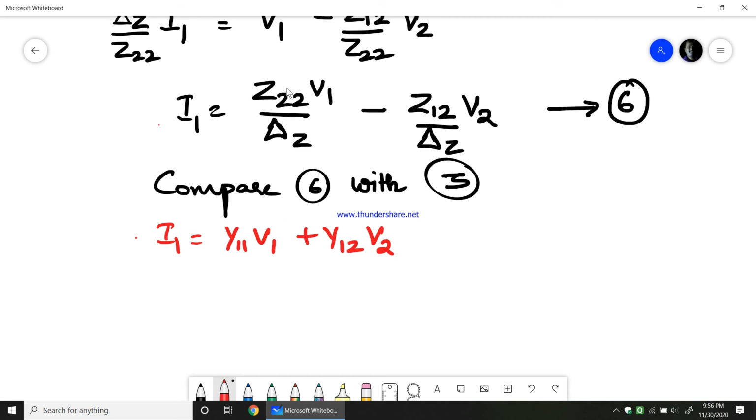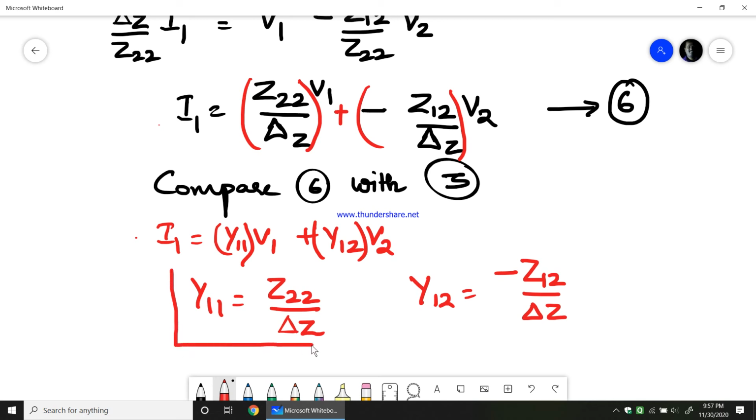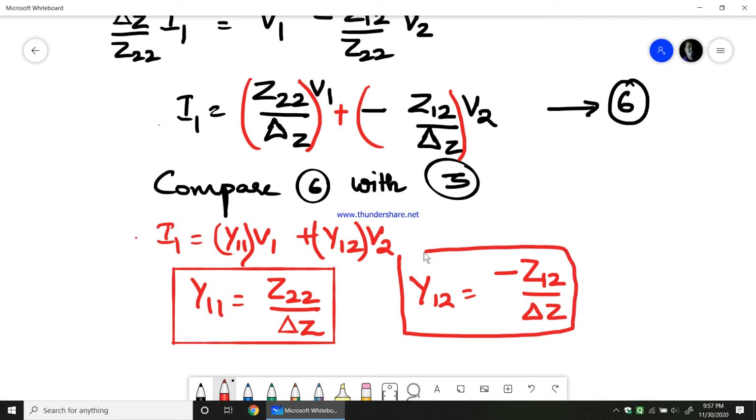Therefore, whatever you have in terms of V1, that will be multiplied, see Y11 is Z22 by delta Z, Y12 is minus Z12 by delta Z, so I will say plus of minus Z12 by delta Z V2. Therefore, Y11 will be equal to Z22 by delta Z. This is the Y parameter in terms of Z parameter, and Y12 would be equal to minus Z12 by delta Z. So therefore, these are the Y parameters, Y11 and Y12 in terms of Z parameters.